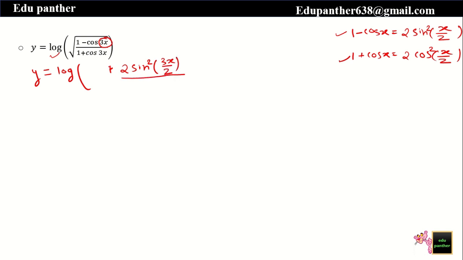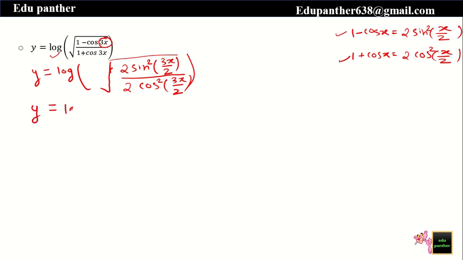Similarly, the denominator is 1 plus cos 3x, so using the second formula it will become 2 times cos square of 3x by 2, and then this whole term inside a square root. So we have used the trigonometric formula.